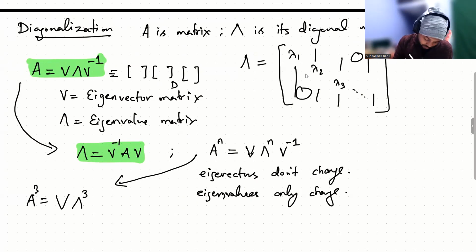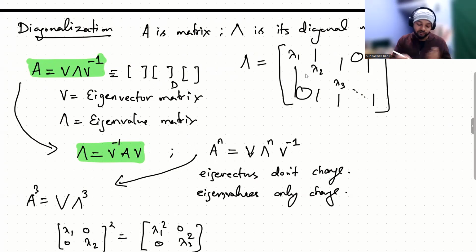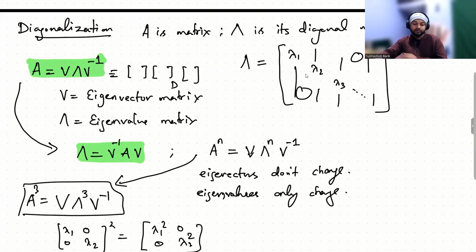If you have the eigenvalue matrix with lambda 1, lambda 2, then the square of it would be lambda 1 square, lambda 2 square. Very easy. That's why diagonalization becomes very important, because you can know how your matrix would evolve just by evolving the diagonal matrix or the eigenvalue matrix.